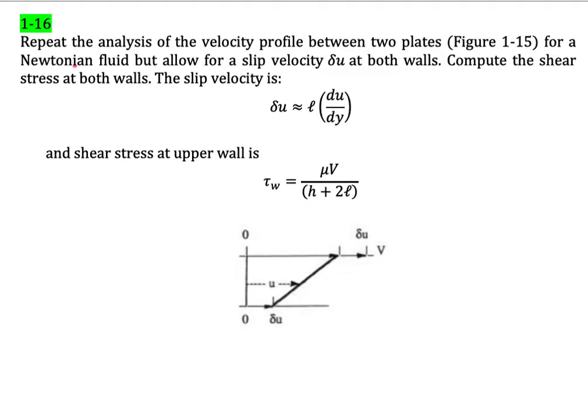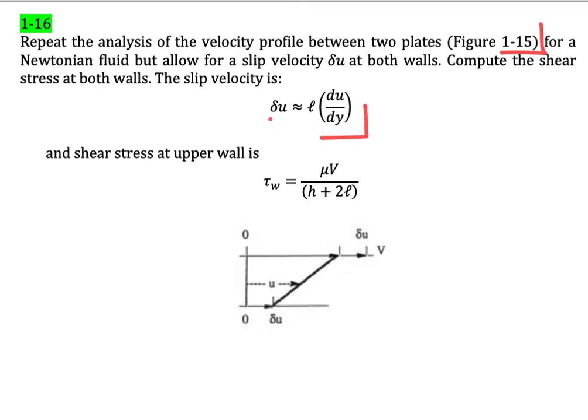Okay, for example, repeat the analysis of the velocity profile between two plates in figure 1.15 for a Newtonian fluid, but allow for a slip velocity delta U at both walls. Compute the shear stress at both walls. The slip velocity can be written as this one. So this is the common equation for the slip velocity.